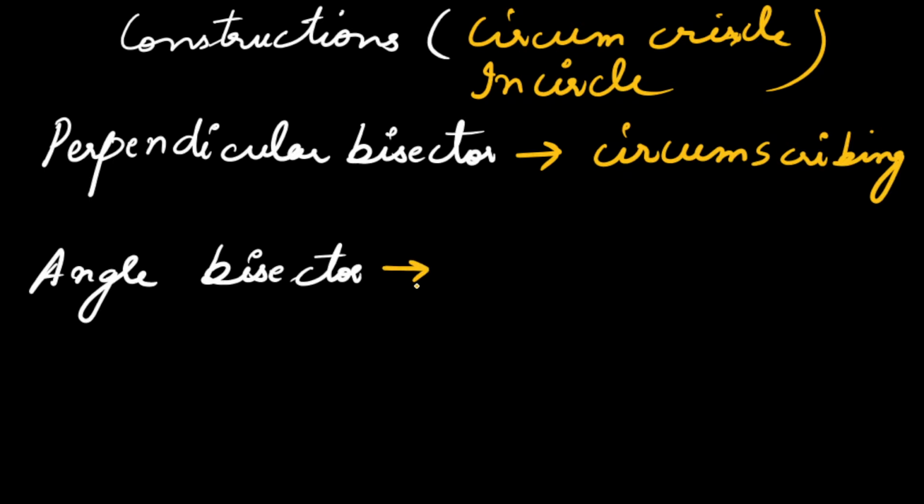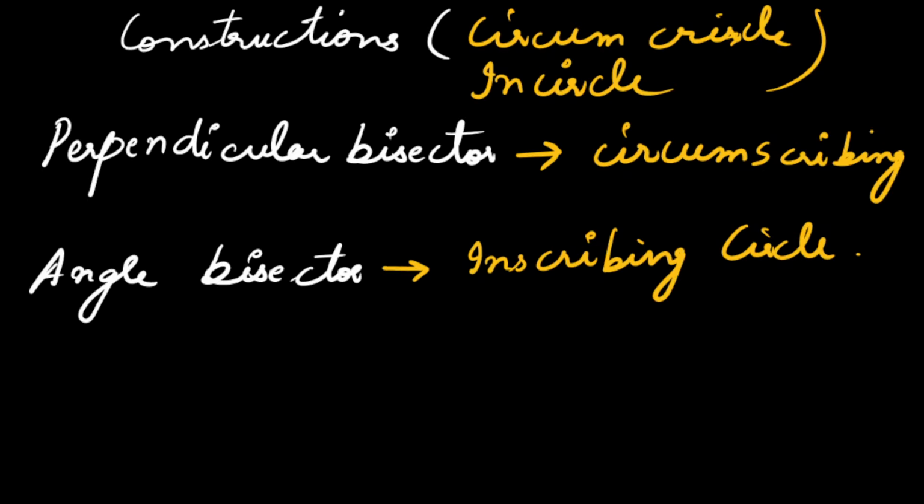Angle bisectors we will use in the incircle or inscribing circle. I hope I am clear. Perpendicular bisector we will use whenever we are drawing a circumscribing circle or circumcircle. Angle bisector we will use whenever we are drawing an inscribing circle.